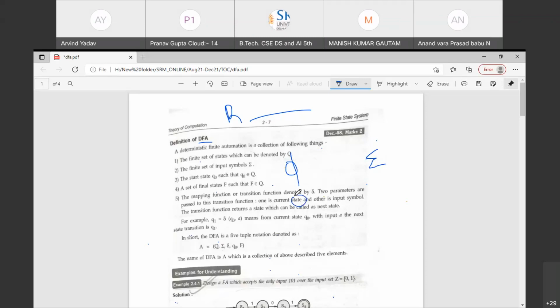Phi is a mathematical term you must have studied in discrete mathematics also. When I say no string, it means nothing. If I say epsilon, it means a string of zero length is selected. There is something, but of zero length.